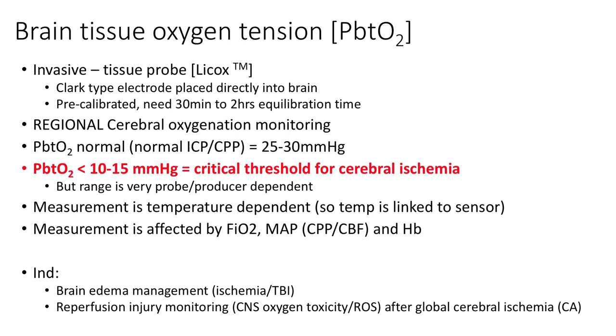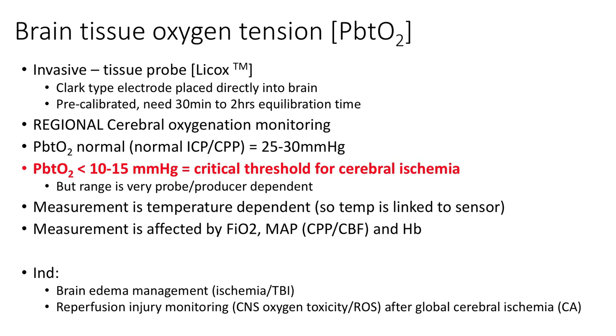You want to place this tissue probe in an area at risk for cerebral ischemia, but not in the already ischemic region. So the so-called penumbra, the area at risk but is rescuable. So that is the tissue you want to fight for.